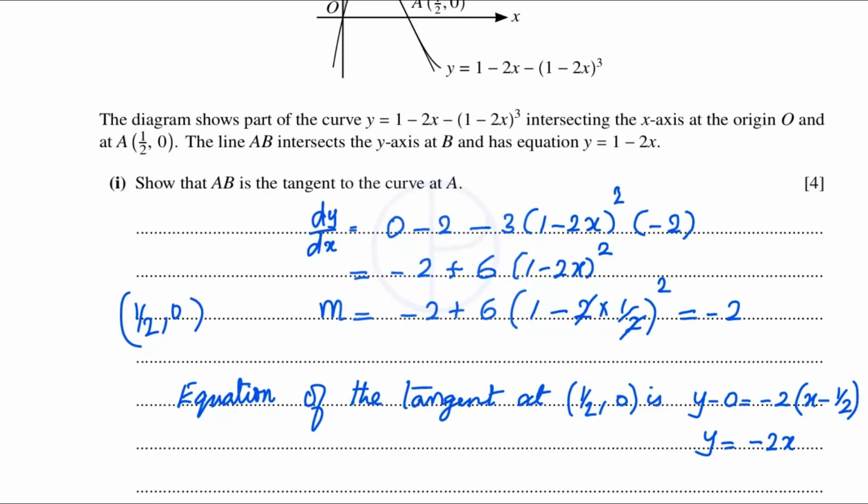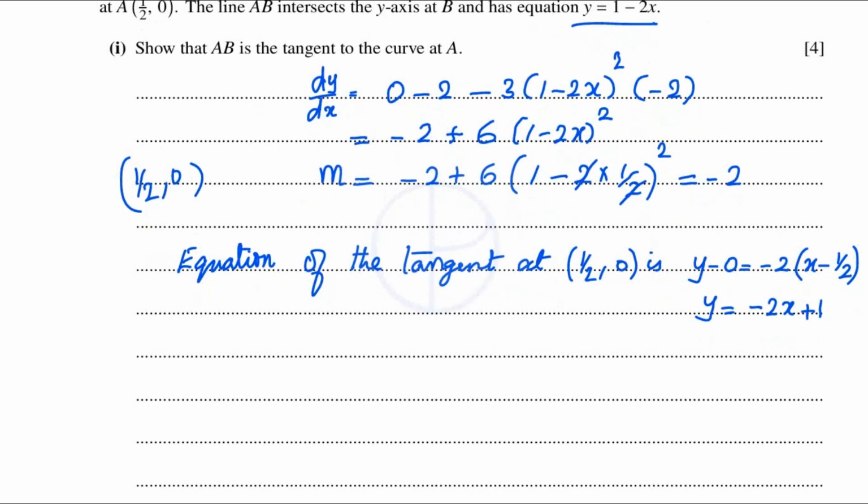Negative 2 times negative 1/2 gives positive 1, which is nothing but the equation of the line. Okay, this is the equation of AB.